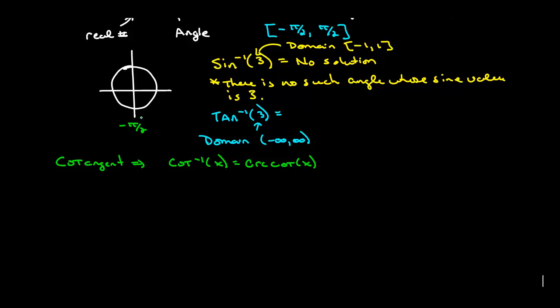From -pi/2 to pi/2, if I asked something like this, what is the arccotangent of, let's say, 3? Let's see what that gives. We would get out some value, and we could compute this. But if we plug it in, we're not going to have an issue here.